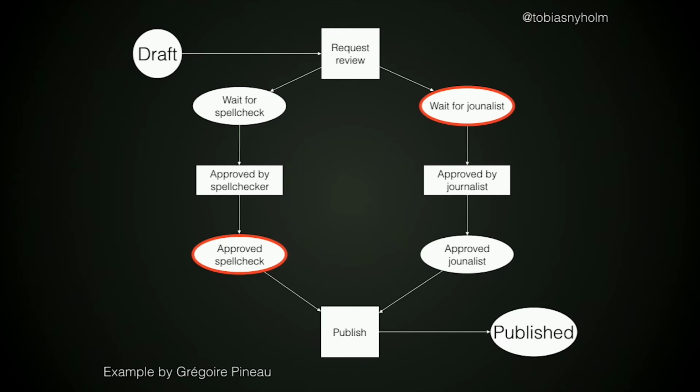Now if I try to publish this, I can't, because my current places is not the correct input for the publish transition. So I can't publish this until the journalist has approved it. Then I can publish it.